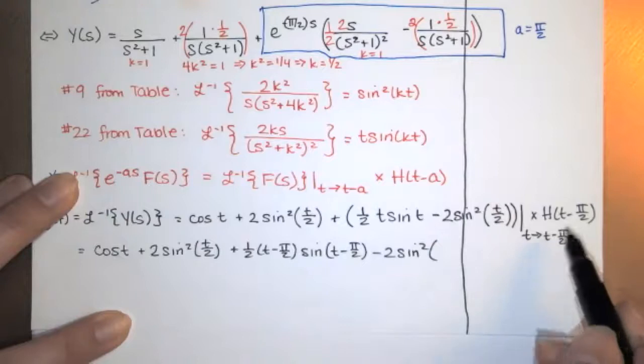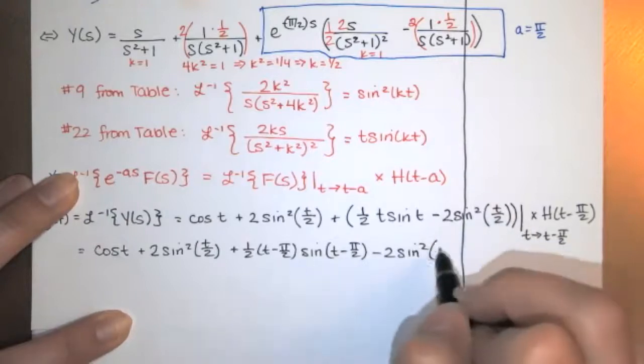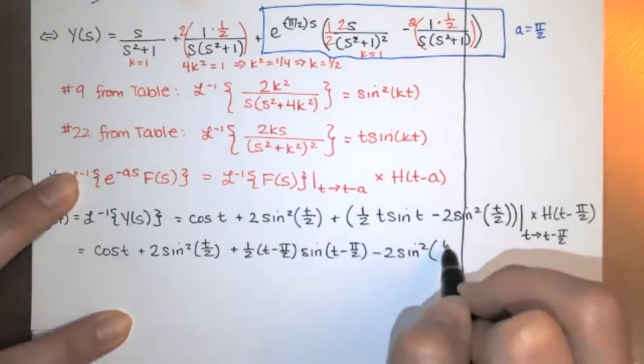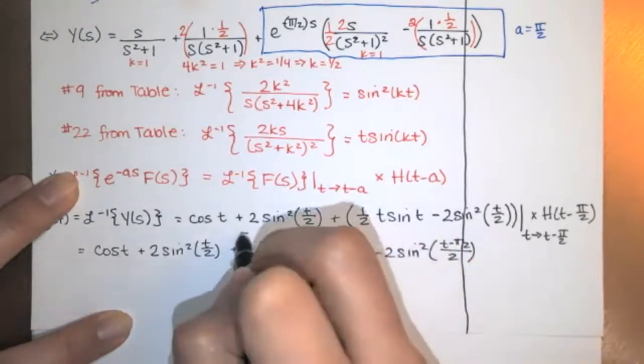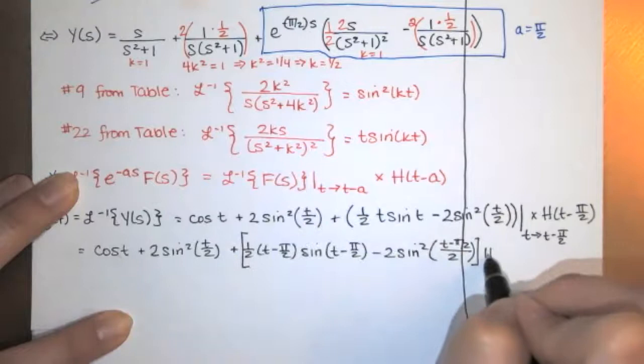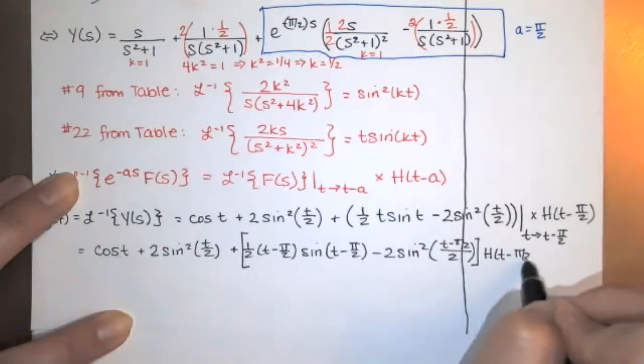So you're going to have (t minus pi over 2) divided by 2. All of that is multiplied by the Heaviside function at t minus pi over 2.